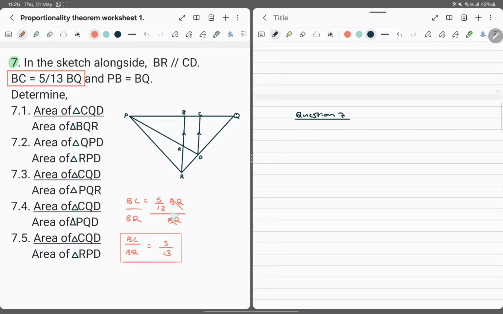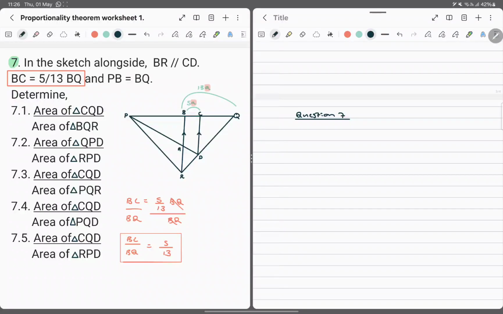It sometimes creates a problem when it's like that. So now we can do our job nicely. BC over BQ, so this is 5A over BQ, this is going to be 13A. We always choose a multiple shown by those small letter symbols.